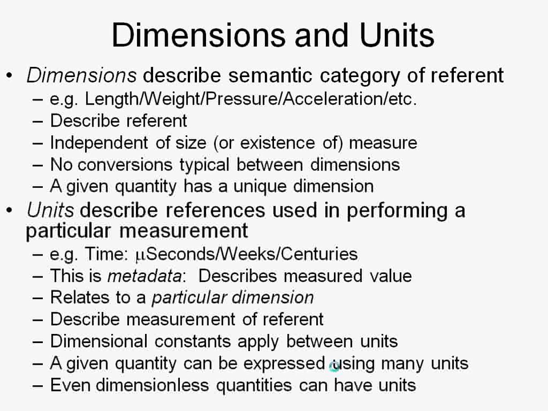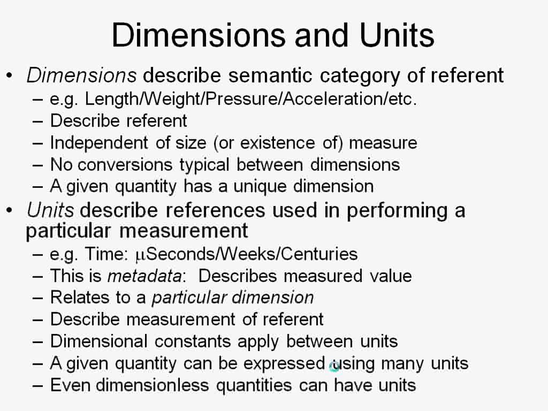We're going to distinguish here between dimensions on the one hand and units on the other. Dimensions are described as a semantic category associated with the reference for some quantity.